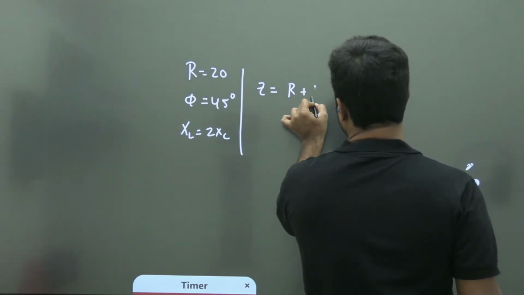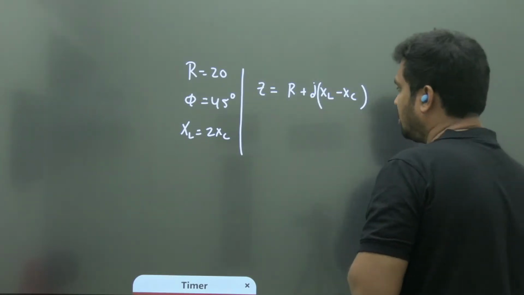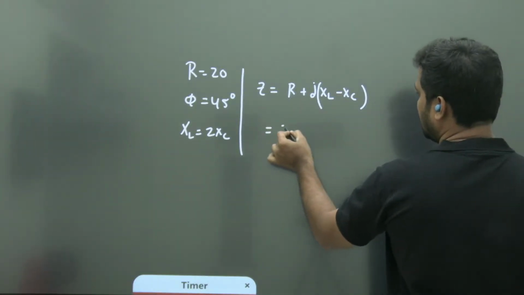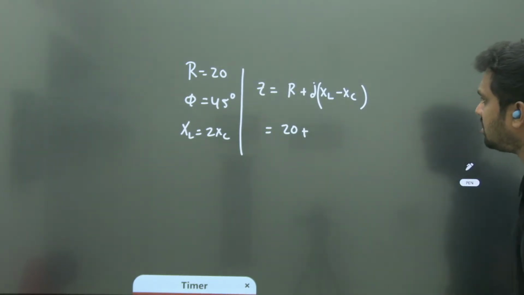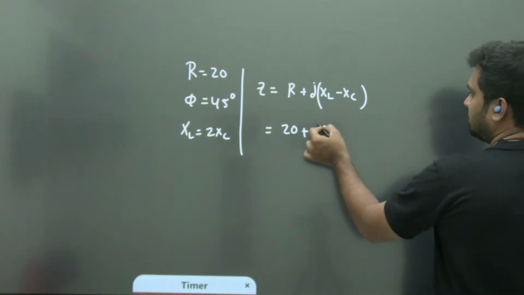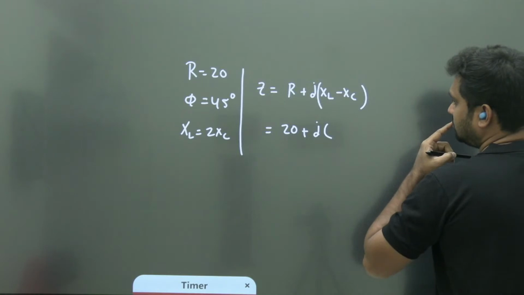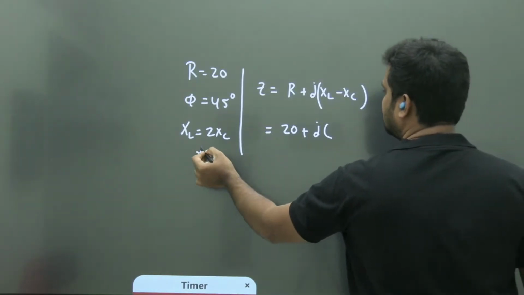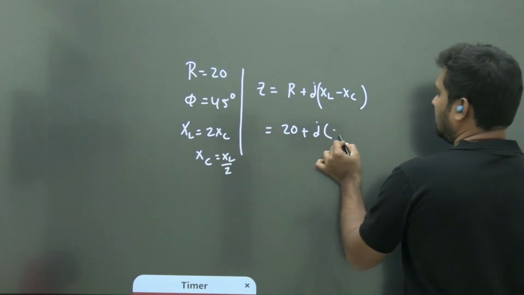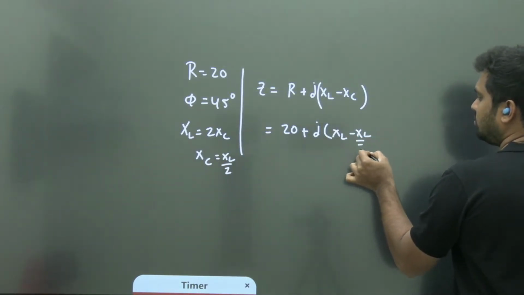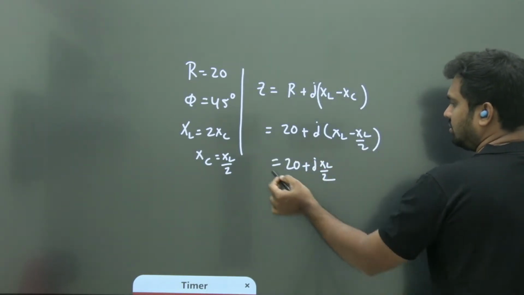R plus j(XL minus XC). R value is 20 plus j into (XL minus XC). What is XL minus XC here? XC equal to XL by 2. XL minus XL by 2, so 20 plus j XL by 2 is your Z.